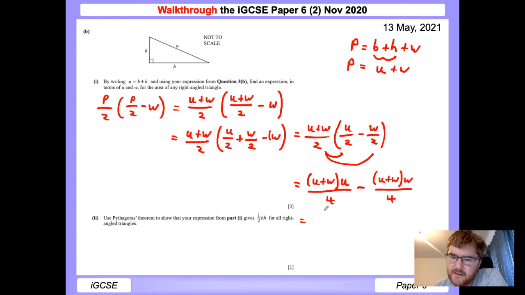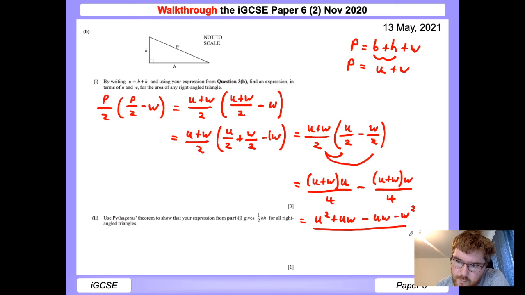I'm going to multiply out the brackets. So we get u squared plus uw minus, well, minus applies to everything here. So u times w is uw. And minus w times w is minus w squared.